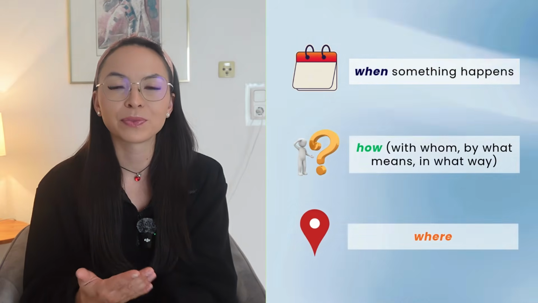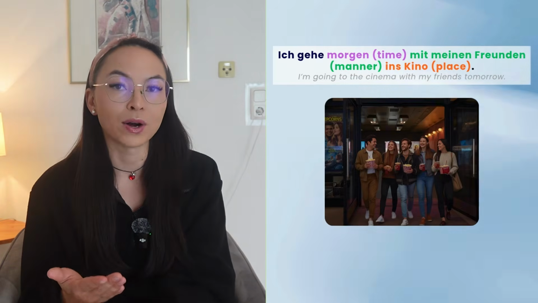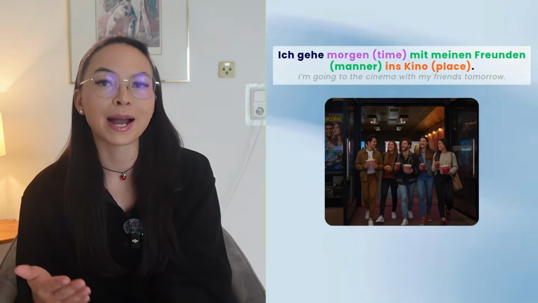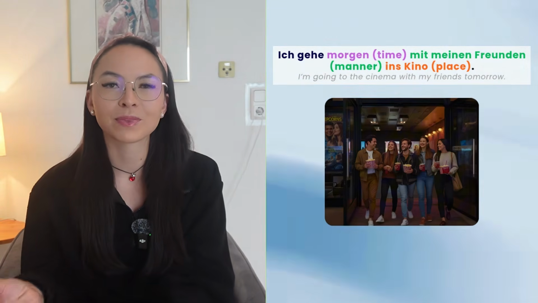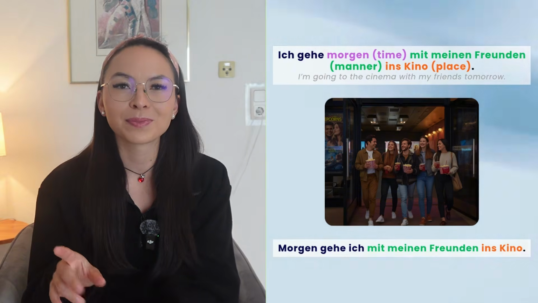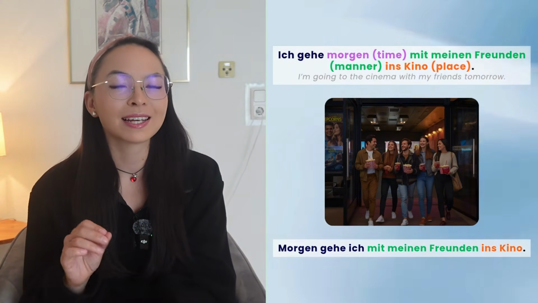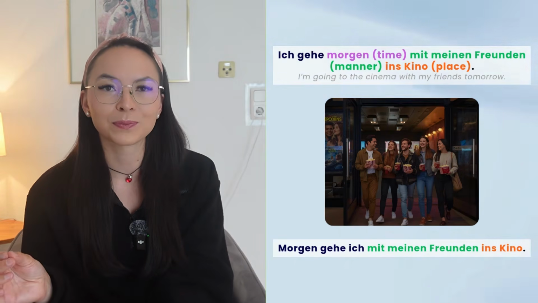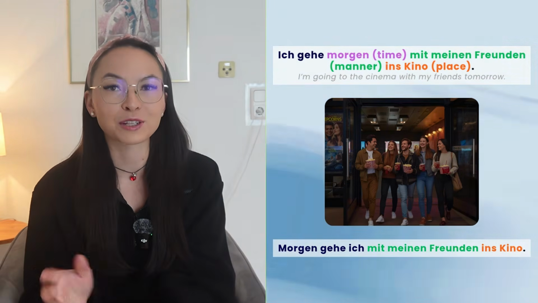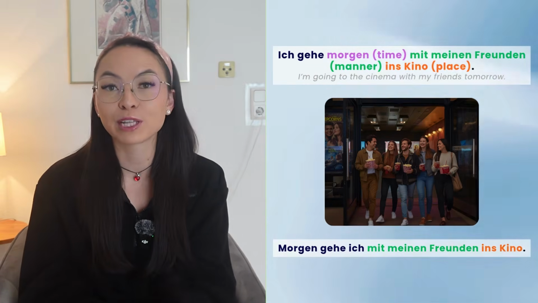For example, ich gehe morgen mit meinen Freunden ins Kino. Now let's flip it. Morgen gehe ich mit meinen Freunden ins Kino. This is still totally correct because the verb gehen stays in second position.